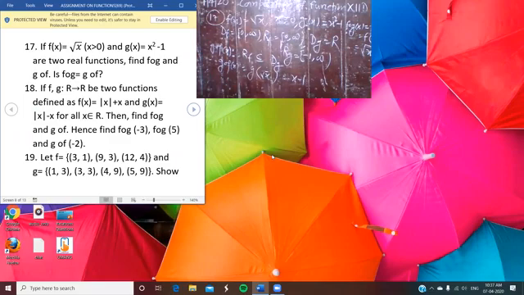Yes, question 18 is also a very important question, and it was asked in the 2016 board examination. So you have to do it. The time is also much less, so we have to solve question 18 tomorrow.